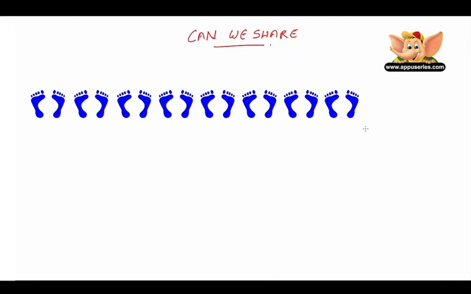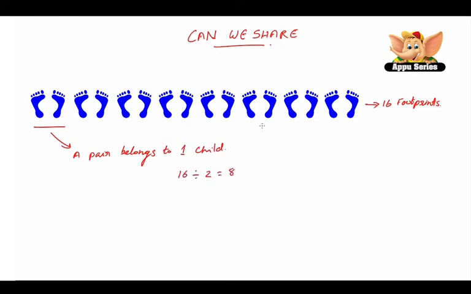Now let's try a tricky one. Here are 16 footprints. How many kids do you think we have over here? Now we know that a pair belongs to one child. So we can divide 16 by 2, which is 8. Or we can also do it another way. Remember, division is the opposite of multiplication?